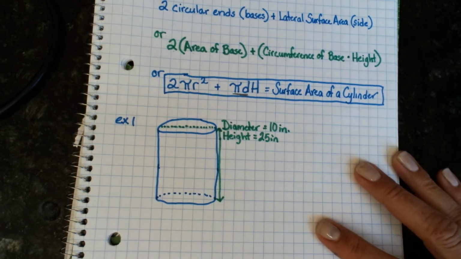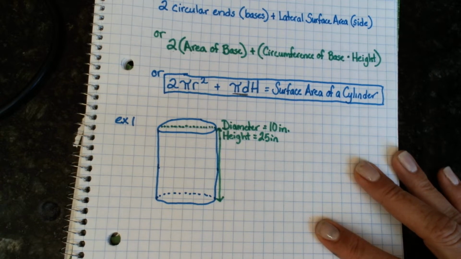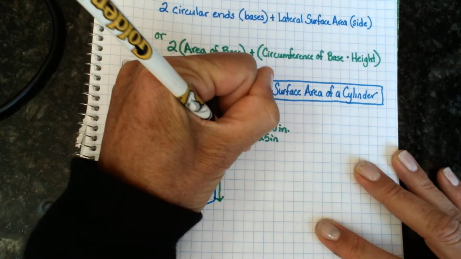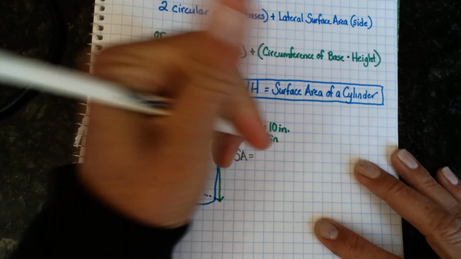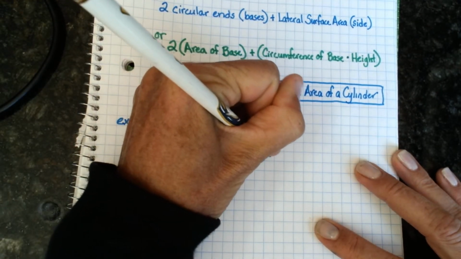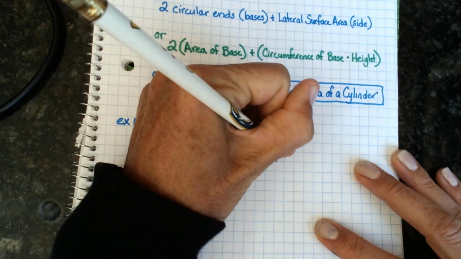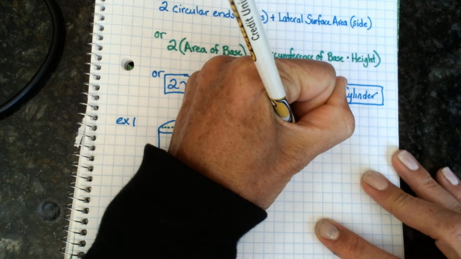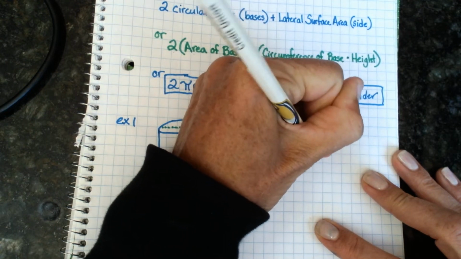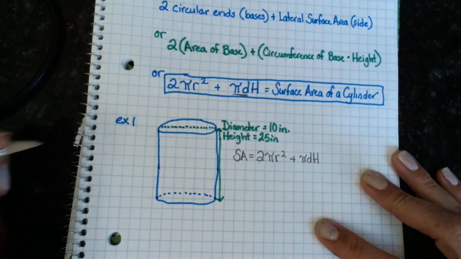So we are going to plug those numbers into the formula and find the surface area. First of all, I'm going to write the formula. Surface area is equal to 2 times pi times the radius squared plus pi times the diameter times the height.